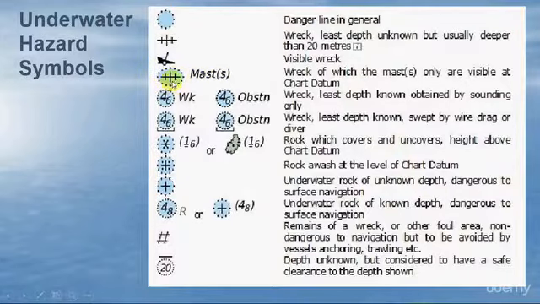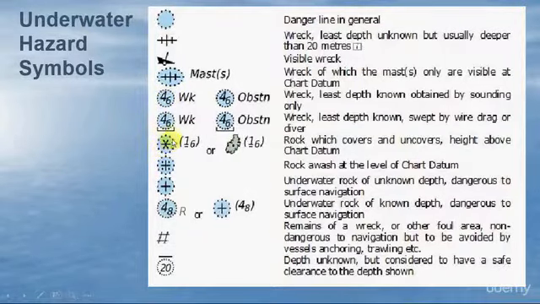You see some masts indicated here. And here's a wreck, and let's see, wreck, least depth known obtained by sounding only. So they've got all kinds of indications here as to what these icons mean on a chart. Here we've got another one.